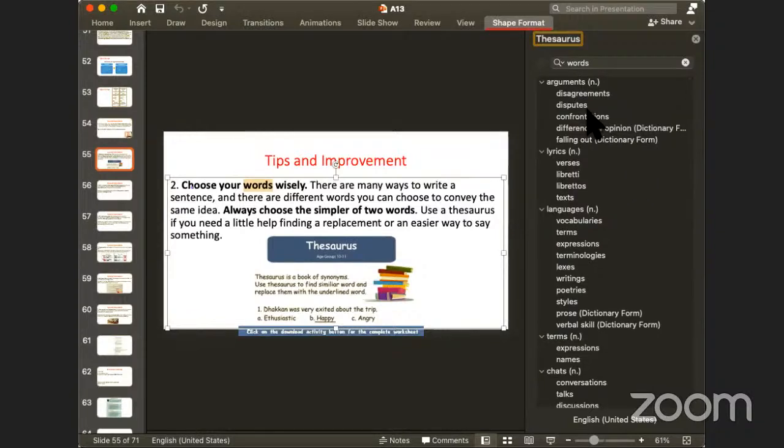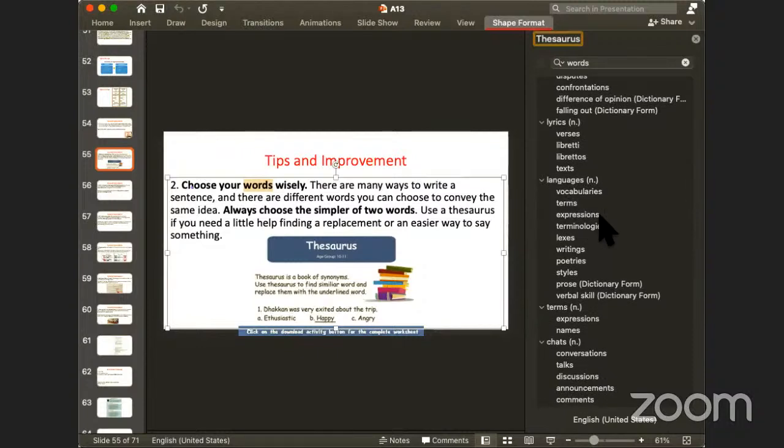So as you can see here, for this word, argument, it's showing what words are similar in meaning.